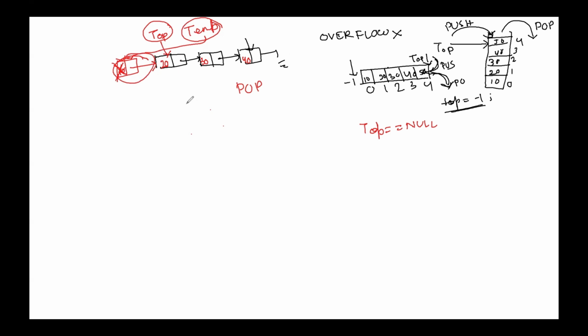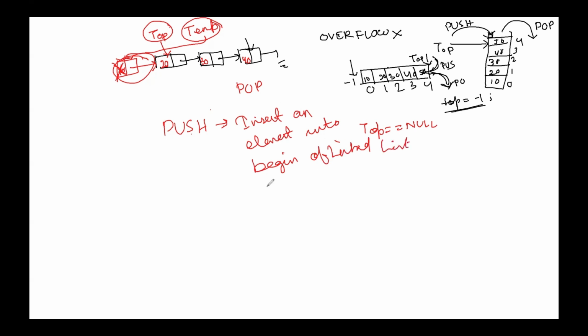So now you tell me, whenever we go for push operation, what operation are we performing? We are performing insert an element into the beginning of the linked list. This is the same.